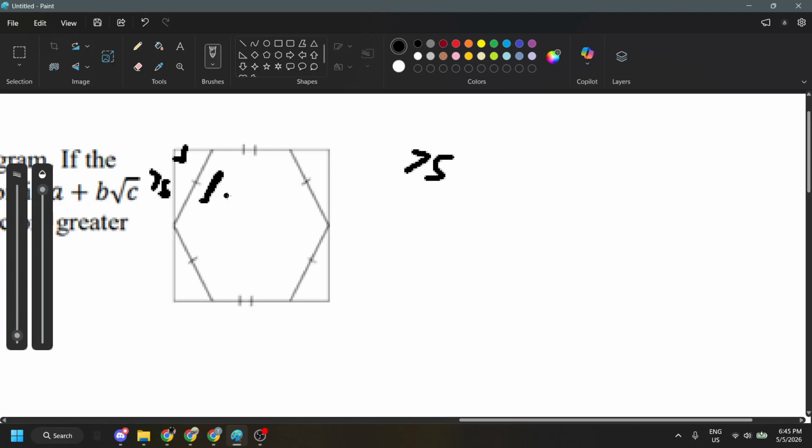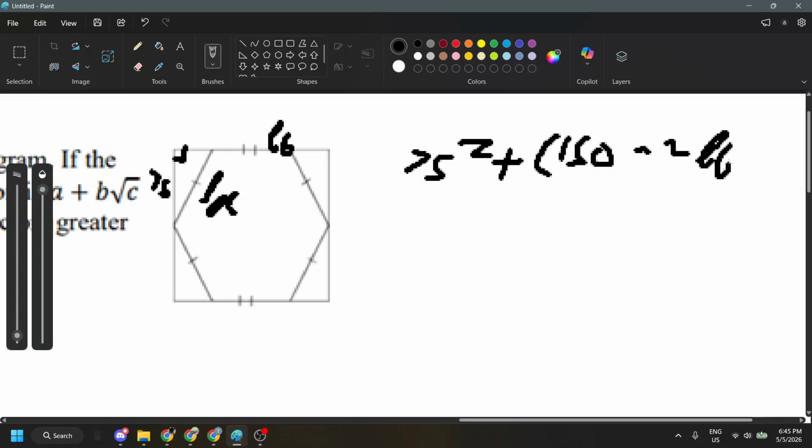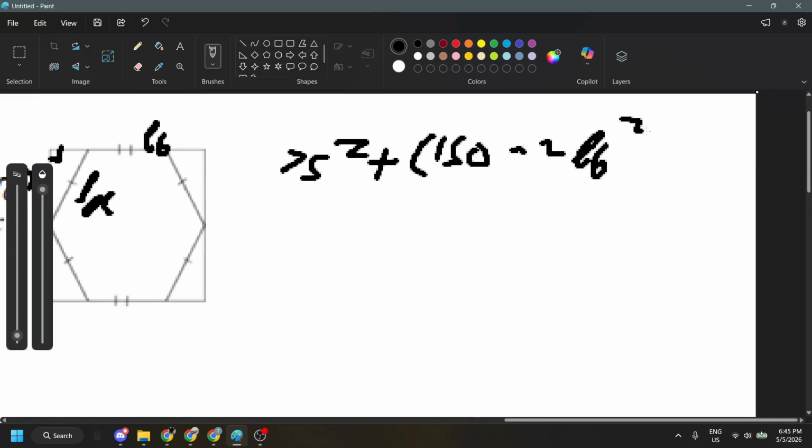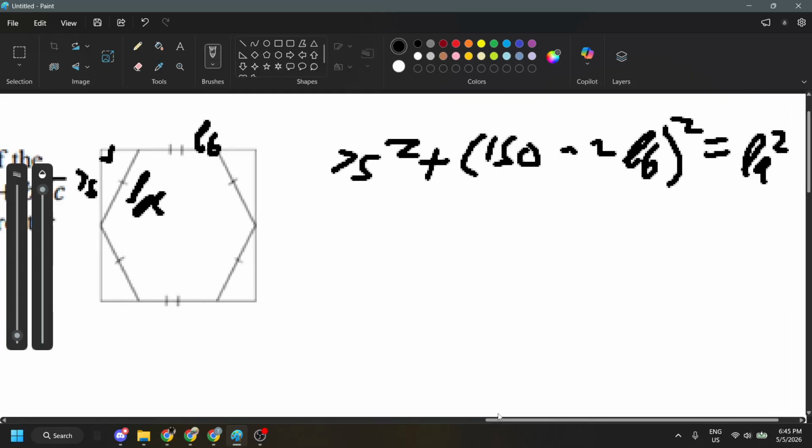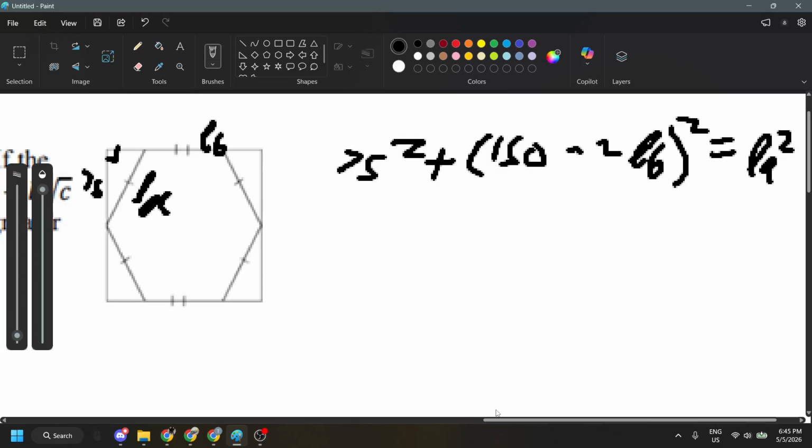I'm going to call this LA and this LB. 75 squared plus 150 minus 2LB squared is equal to LA squared.